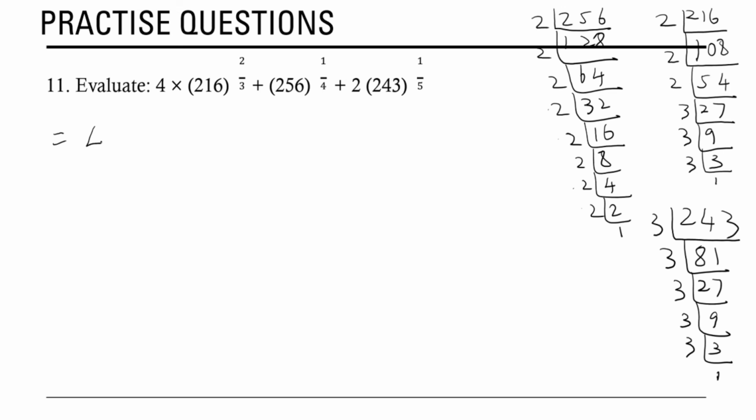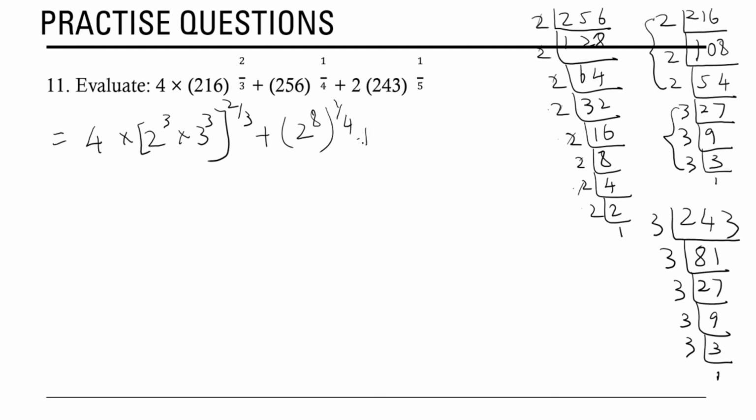So 4 into 216 is 2 cube into 3 cube, the whole raised to 2 by 3, plus 256 is 2 raised to 8, the whole raised to 1 by 4, plus 2 into 243 is 3 raised to 5, the whole raised to 1 by 5.